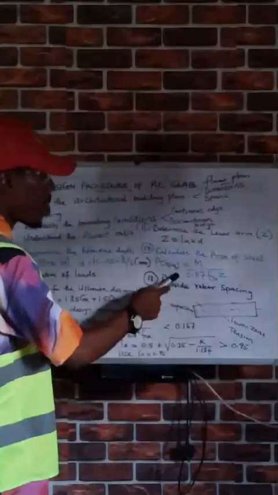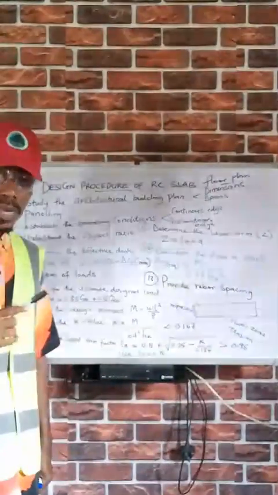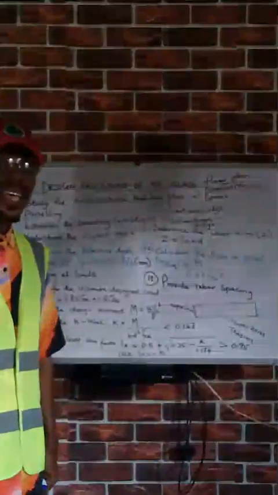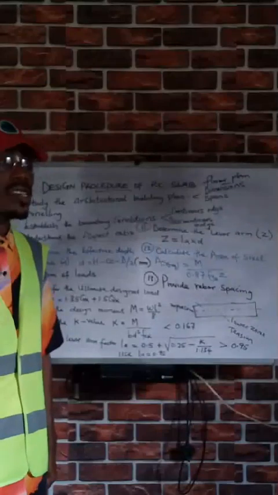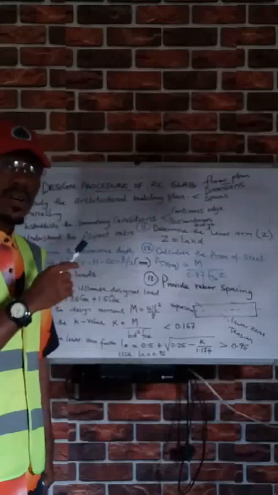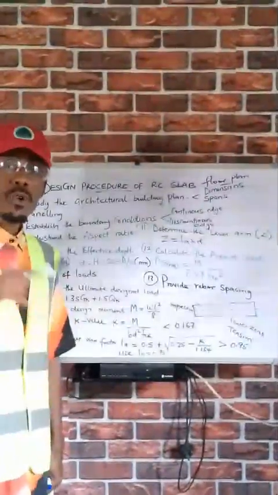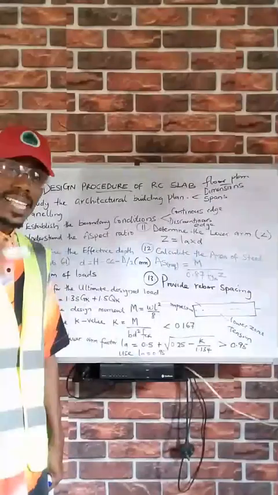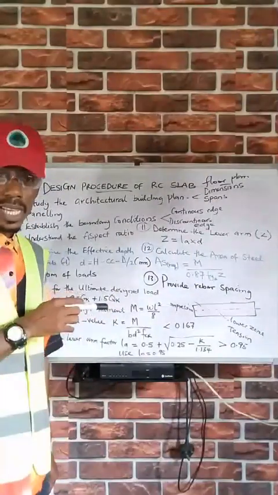Remember, what we have here is area of steel calculated, but the table gives us area of steel provided. So it's important that when you have calculated your As and you go to the table, you look for an As that is higher than the one that you have calculated.